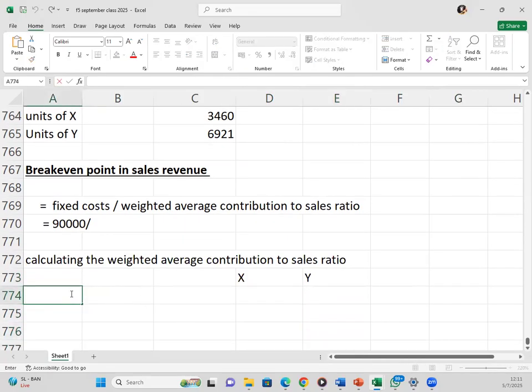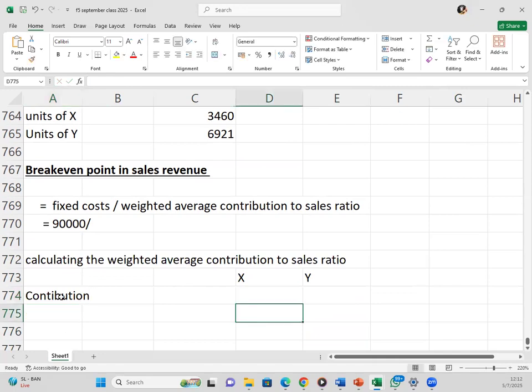Then we need our contribution. So our contribution, it was 10 here.